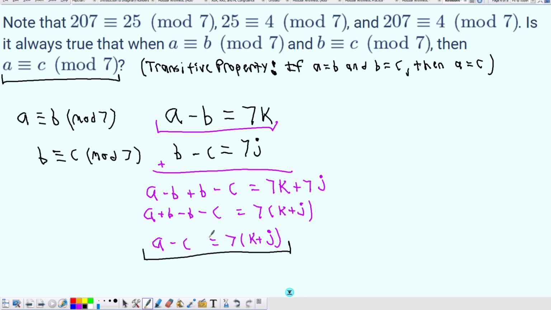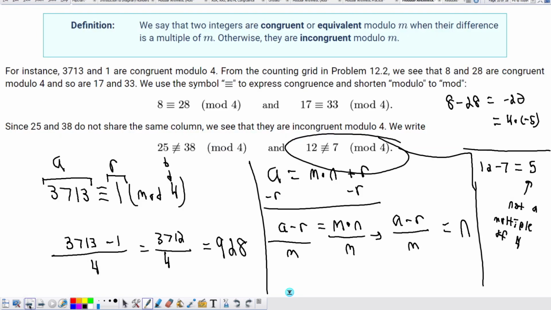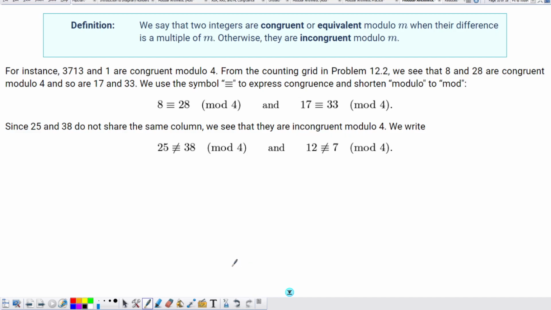We know k and j are integers, because it follows precisely from that first definition. I'll even go back to it that we worked with, where if two integers are congruent modulo m, that is true when their difference is a multiple of m.